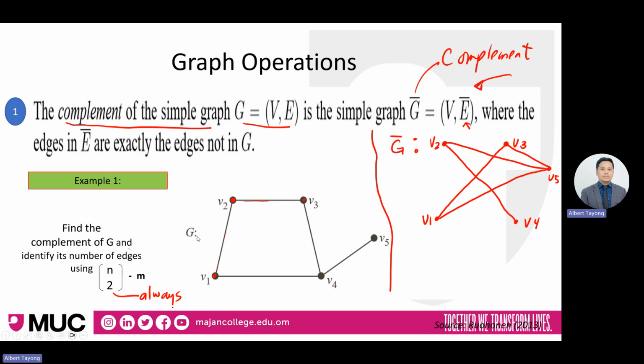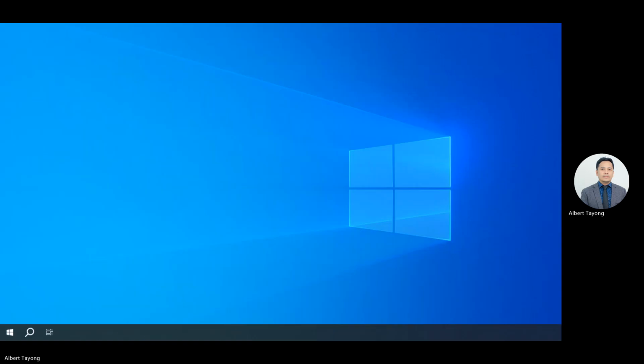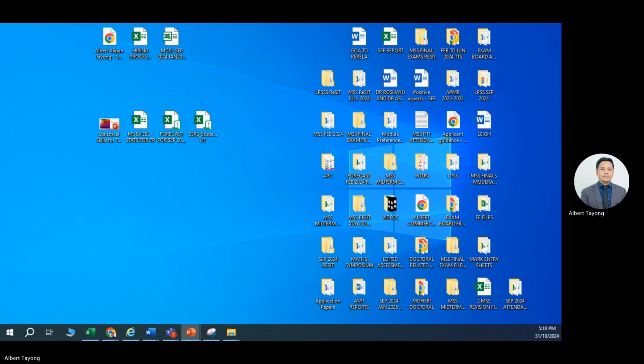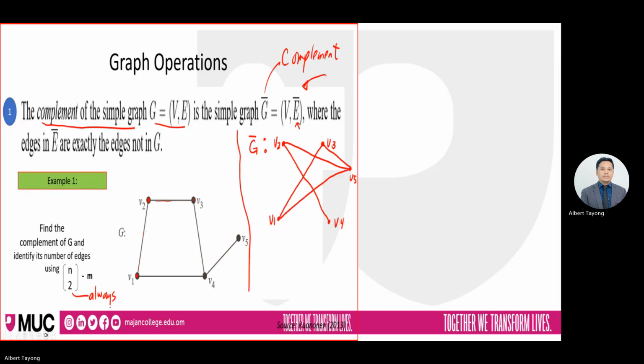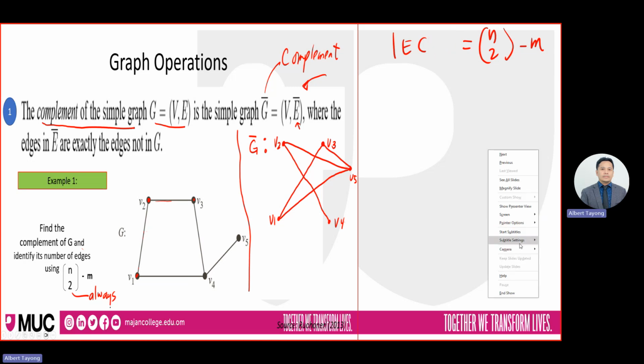So let's try to find the number of edges of our complement. Okay, so this is the formula, number of edges of our G bar equals n choose 2 minus m. Let's fix this to be very clear.